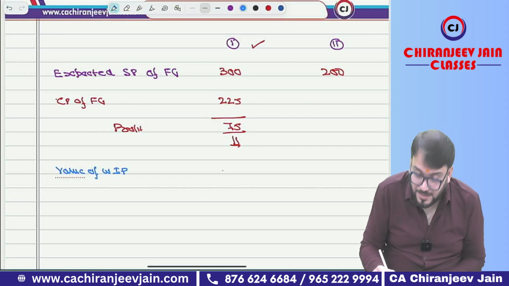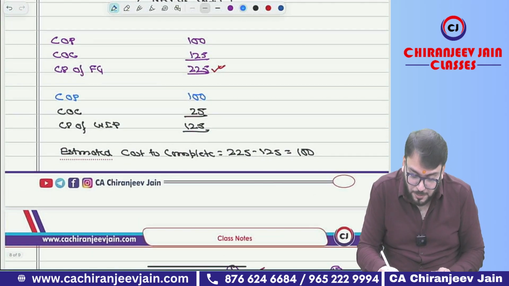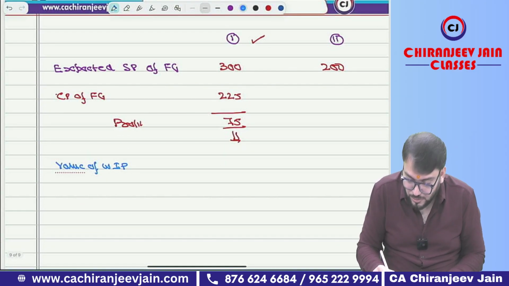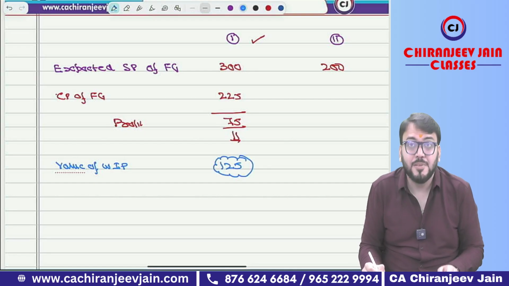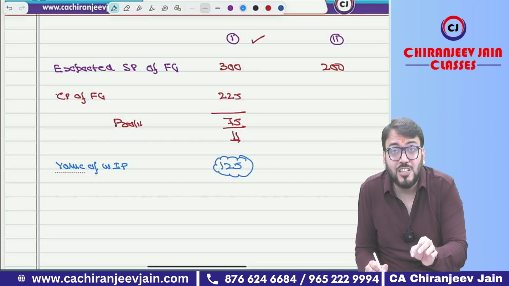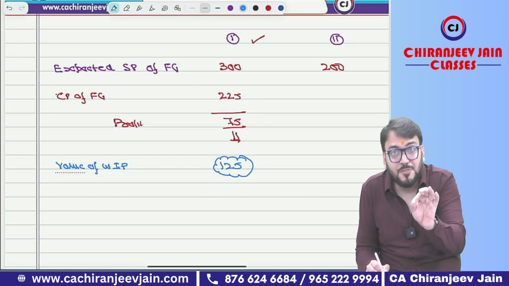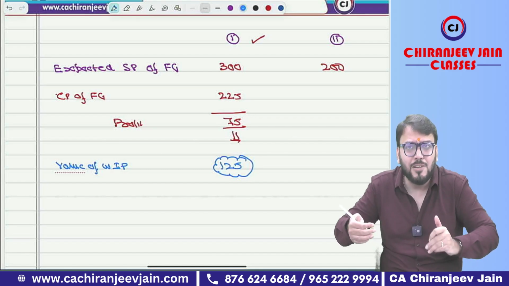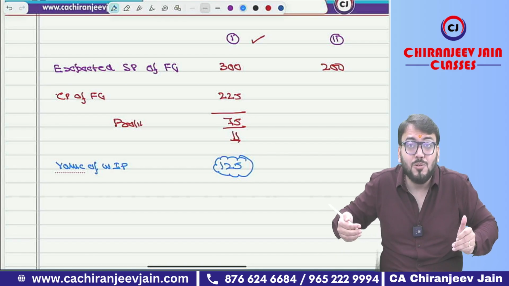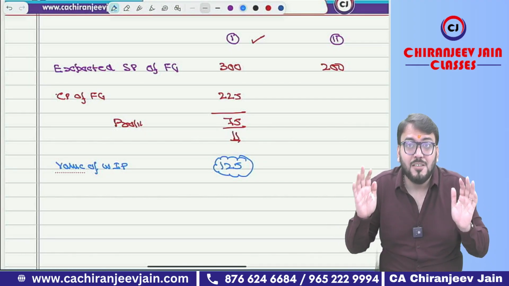That will be its cost price. And what is the cost price of WIP? That is 125. So there is no need to write down, because there is an expected profit on sale of finished goods which will be produced from that WIP. There is no need to recognize any loss.